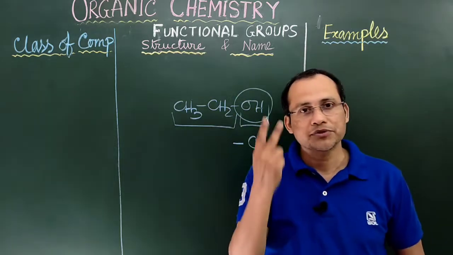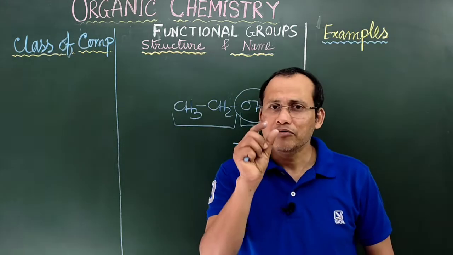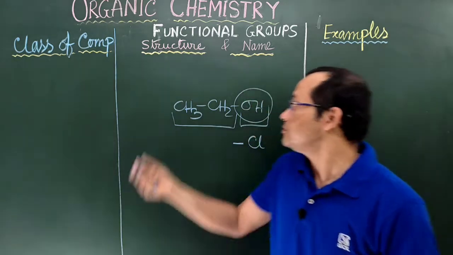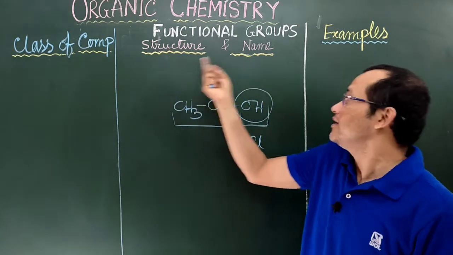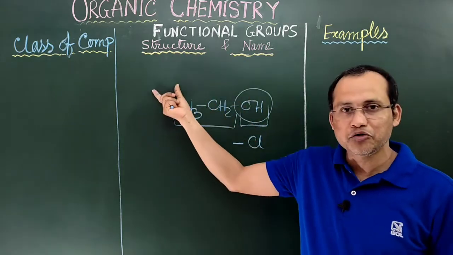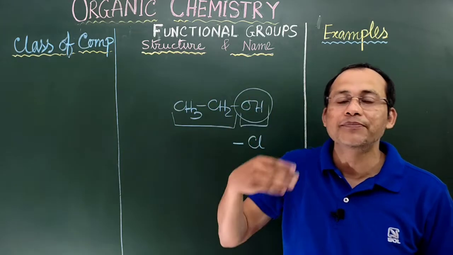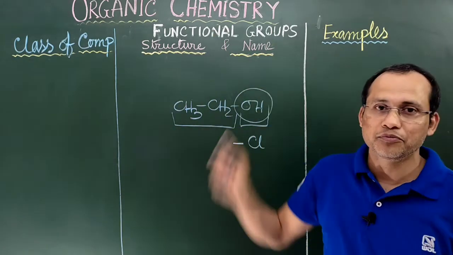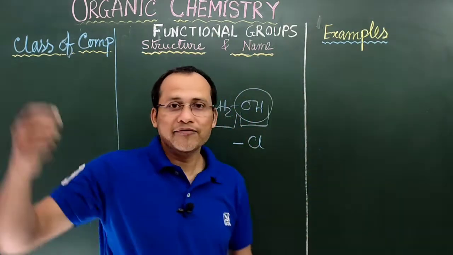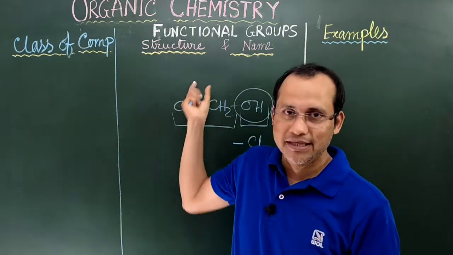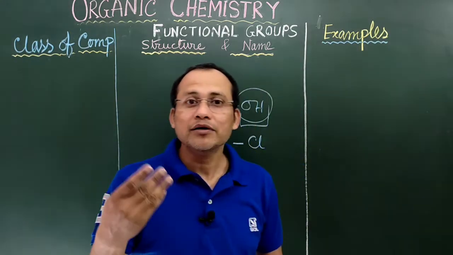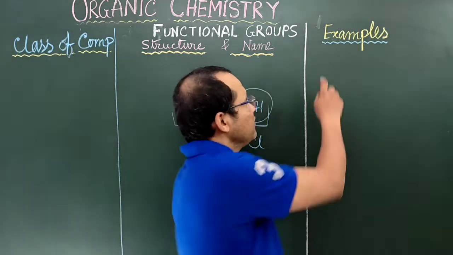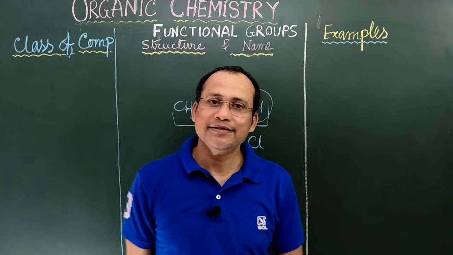In functional groups, two things we have to know: how the functional group looks, that is, the structure of the functional group, which I have written here, and if this functional group is present, what will be its name. And if this type of functional group is present in any compound, what will be the name of the corresponding compound produced. So here we shall discuss some examples.